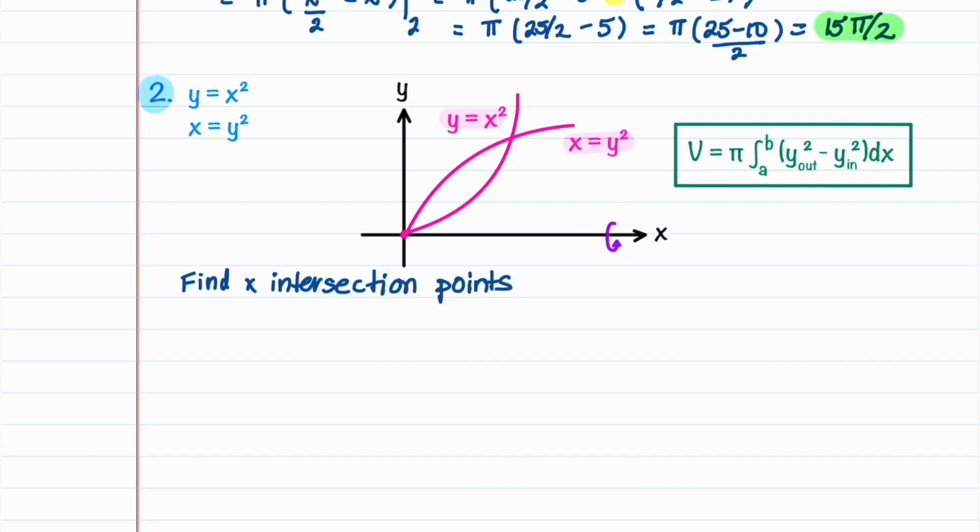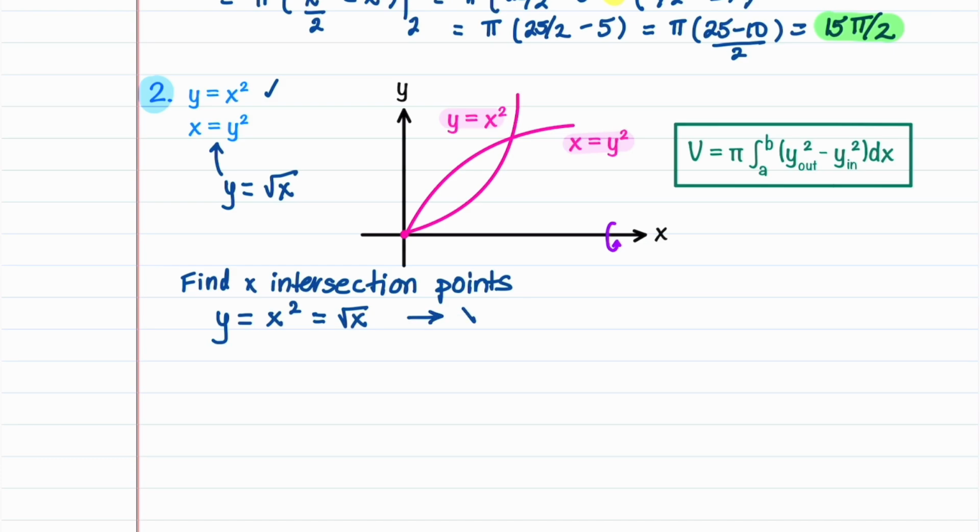To do this, we're going to start with our first curve, y is equal to x squared, and then in our second curve, we're going to solve for y, and we get y is equal to the square root of x. So down here, we're going to let x squared equal the square root of x, and we need to solve this equation for x. The best way to do this is to square both sides.